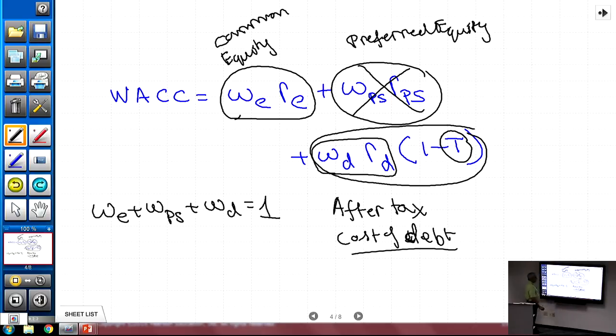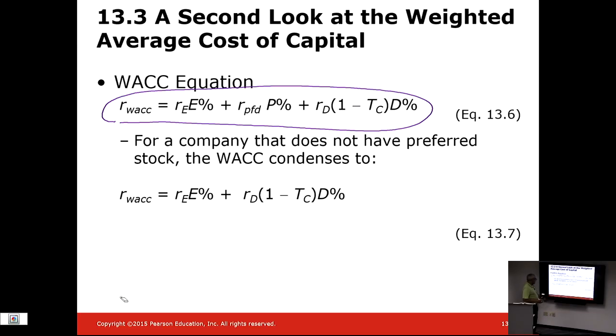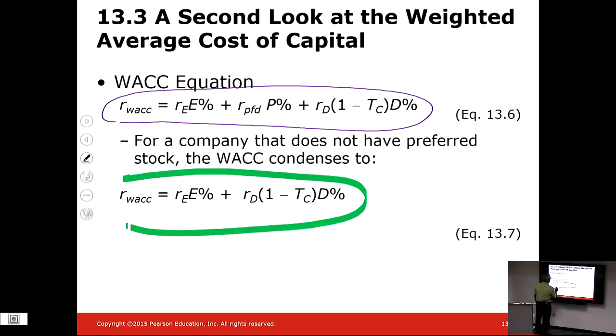The three weights will always have to equal 1. This is what weighted averaging does. So this is inclusive of preferred, and the second one is when we do not have preferred stock.